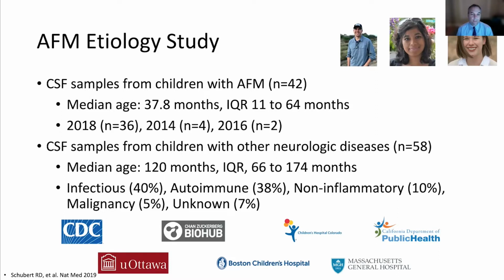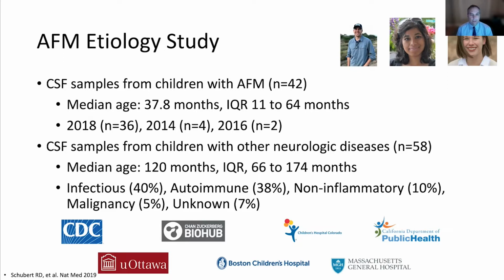It's been increasingly common in the US in the early to mid 2010s. It's become less common now during the pandemic. And this polio-like illness, for epidemiologic reasons, has been thought to most likely be due to two different enteroviruses, D68 and A71, but it's been difficult to identify the virus within the spinal fluid itself, leading to questions about whether there could be some alternate additional infections leading to this syndrome of acute flaccid myelitis.